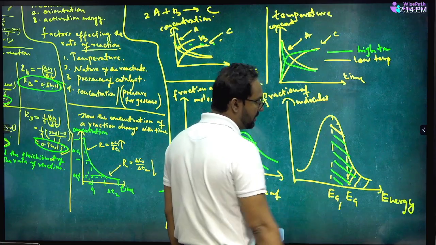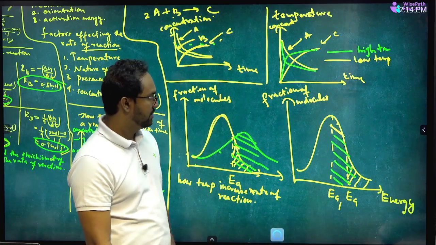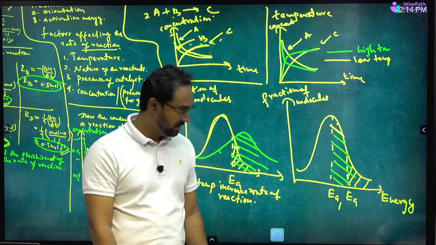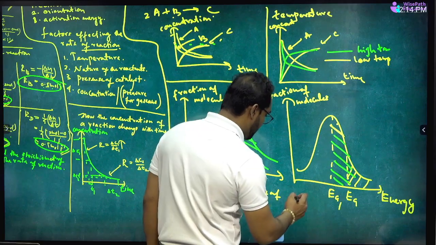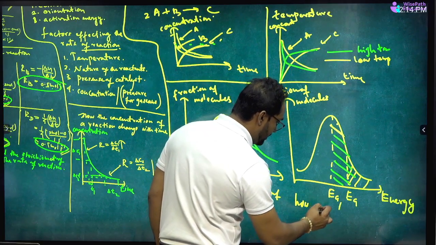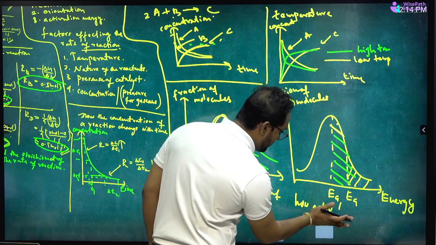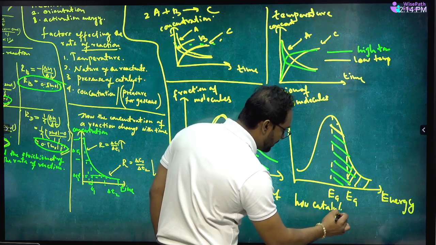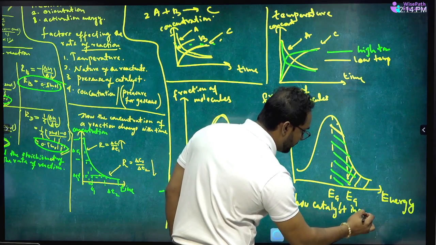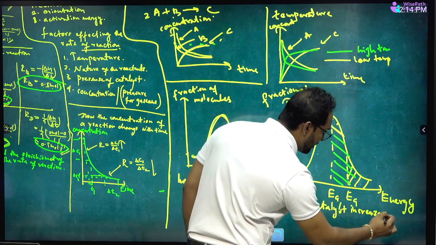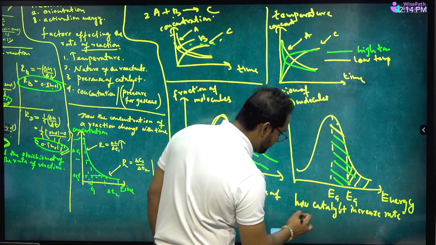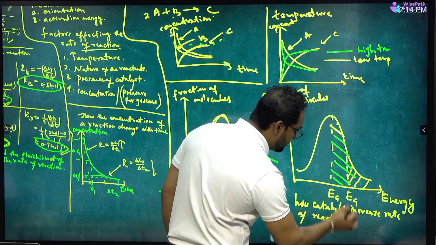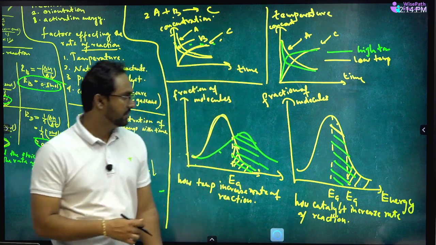This is the amount reacting now. Initially only this was reacting, now this much is reacting. So this is how a catalyst increases the rate of reaction, understand?